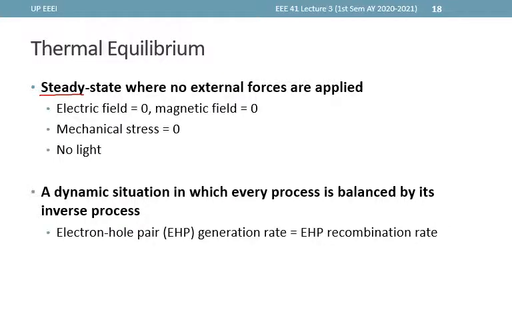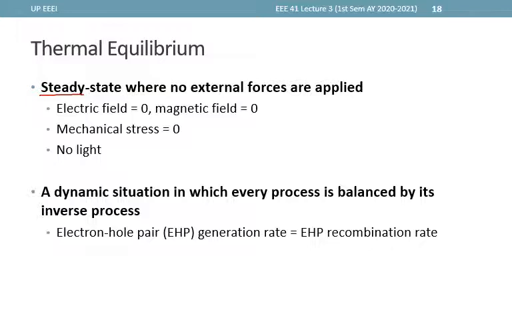So the electron hole pair generation is actually equal to the recombination rate, meaning on average, the concentration of free electrons and holes in the material effectively does not change, although it does not mean that they do not exist. The generation rate and the recombination rate can cancel out.